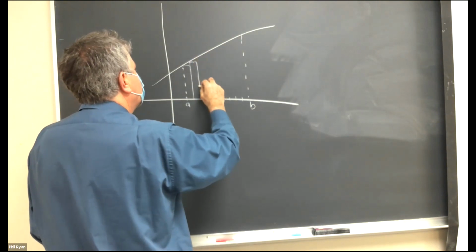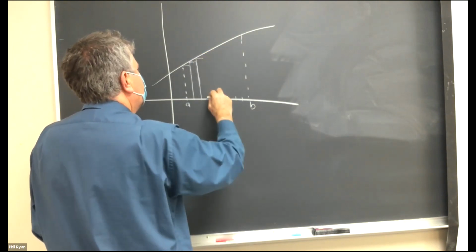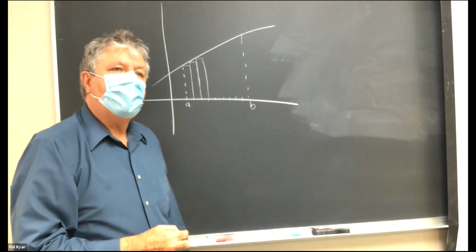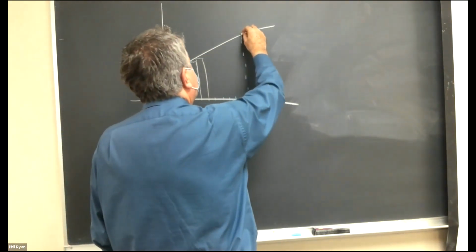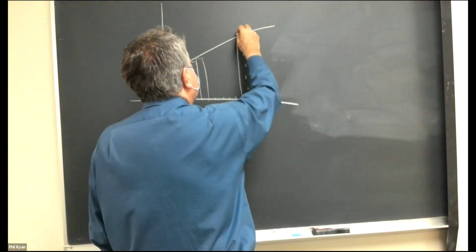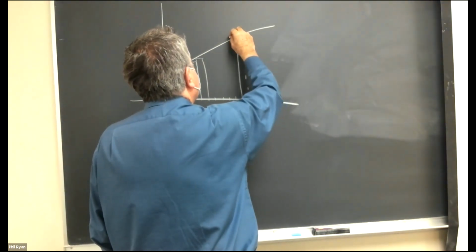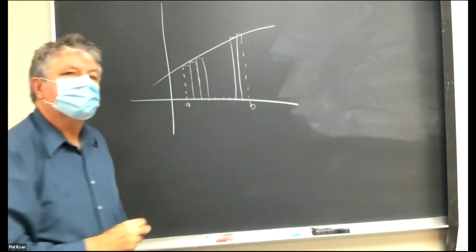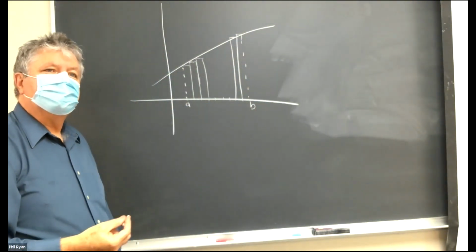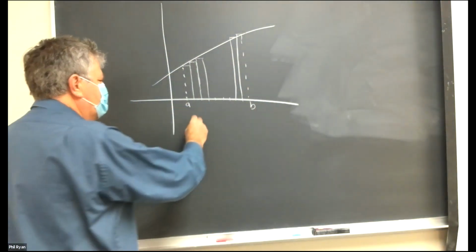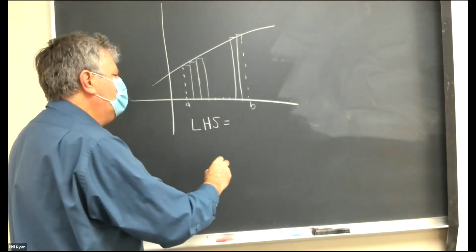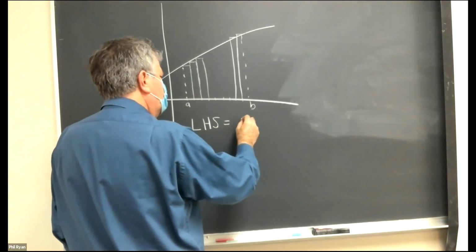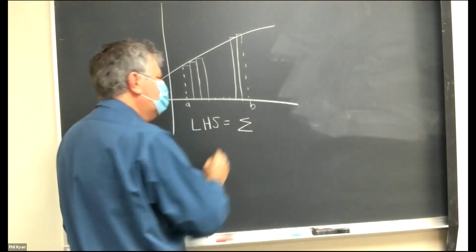Okay, and then we could add up all those rectangles, or we could do right-hand sums. So let me go from this direction using right-hand sums like this. And I'll introduce some notation. So the left-hand sum is equal to the summation.